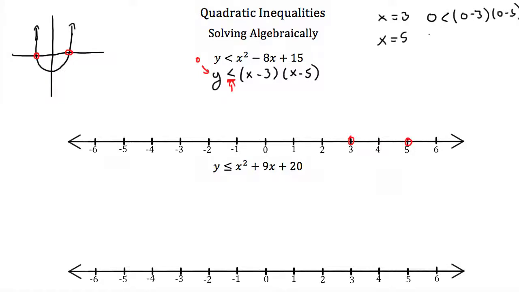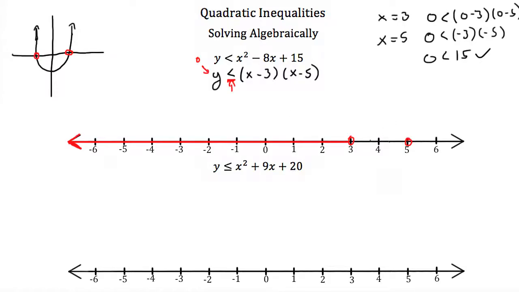So this is 0 is less than negative 3 times negative 5, where 0 needs to be less than 15, which 0 is less than 15. So that means all the points to the left of 3 are solutions. So you would color in everything to the left of 3 on the number line, like so.